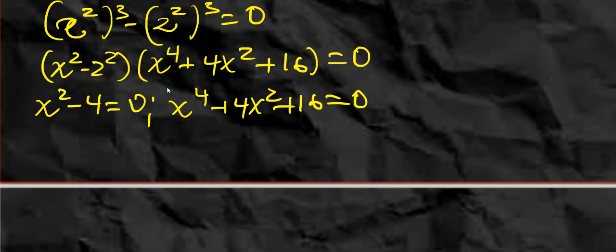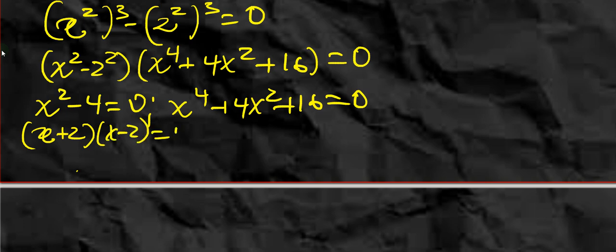Okay guys, from here we have x squared equals 4, and we can factor here, right? This is x plus 2 times x minus 2 equals 0, and from here we're gonna have x1 equals negative 2 and x2 equals 2.